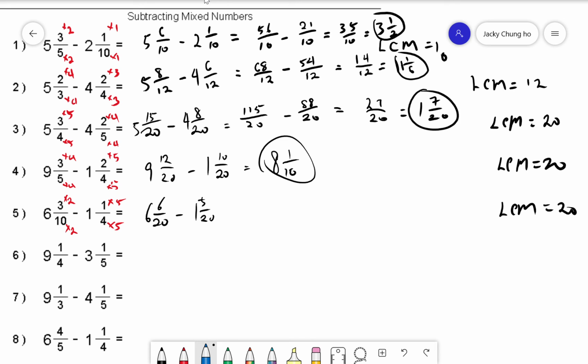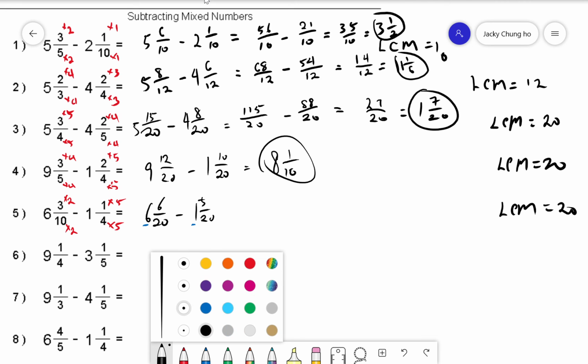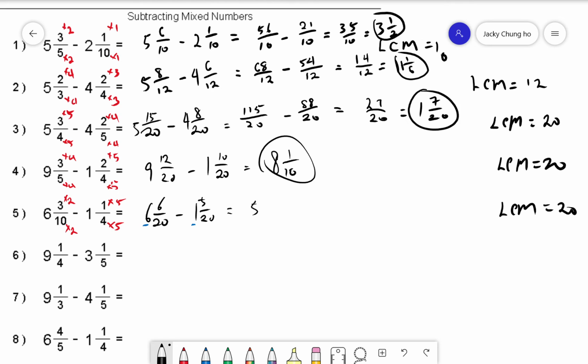I'll take care of the whole number first, which is 6 minus 1 equal to 5. Next, I will take care of the fraction subtraction, which is 6 over 20 and 5 over 20. 6 over 20 minus 5 over 20 will become 1 over 20. So 5 and 1 over 20 should be our final answer.